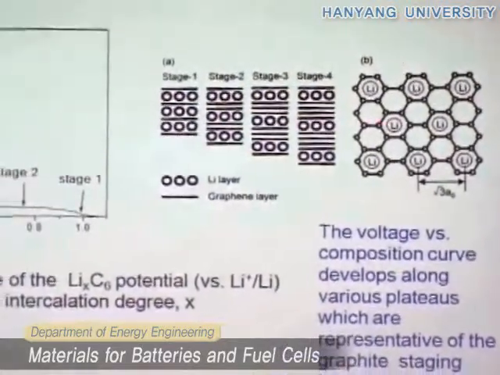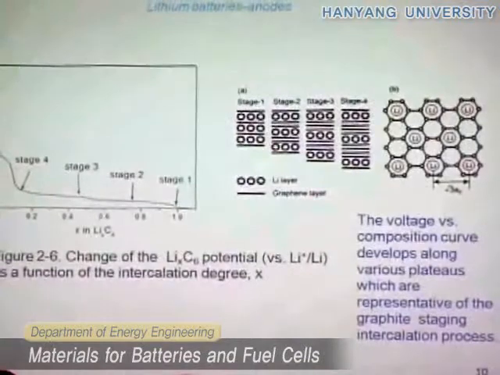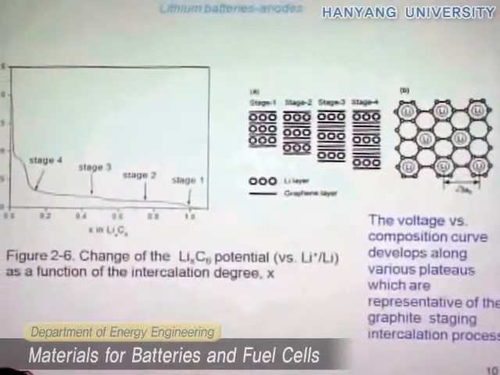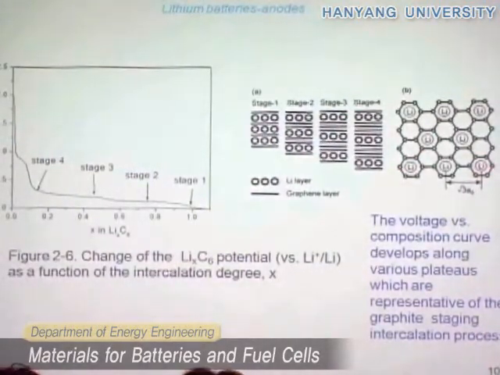Stage 1 corresponds to the maximum composition. So that means 1 lithium equivalent for 6 carbon. So all this, of course, is not stage 1. Stage 1 will be when all this graphene will be filled up with the 1 lithium equivalent.